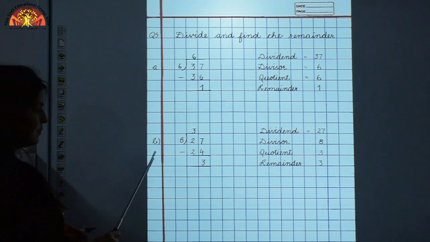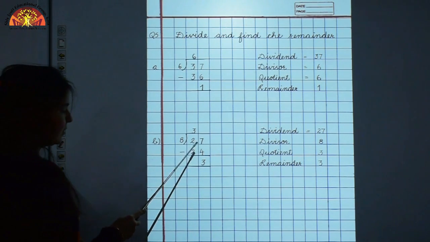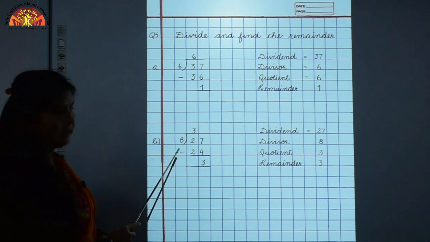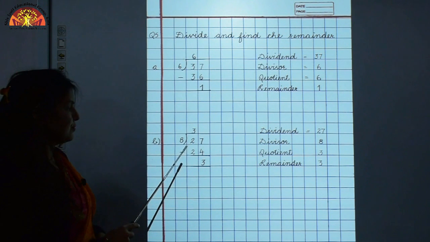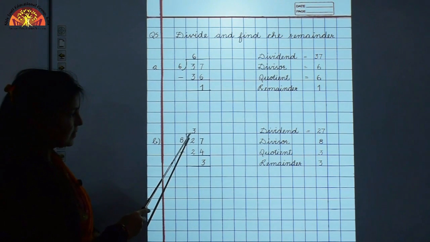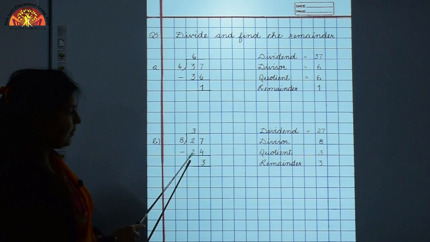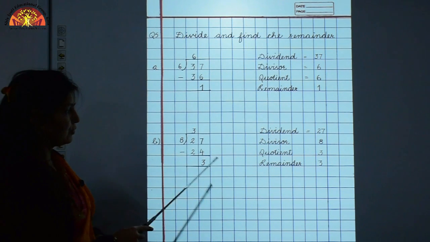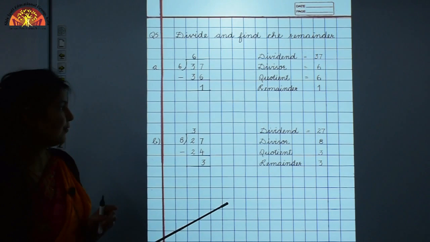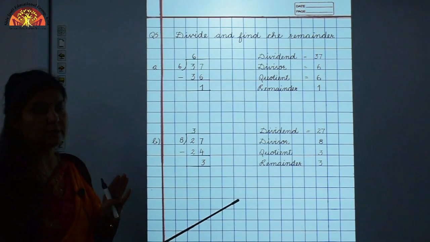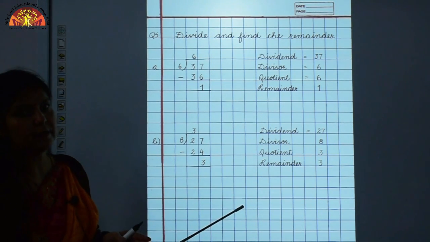Now, let us see this B part. Here we are dividing 27 by 8. So we have to speak the table of 8 3 times. When we speak the table of 8, we get 24, because 27 will not come in the table of 8. So we will stop just before the smaller number than 27.